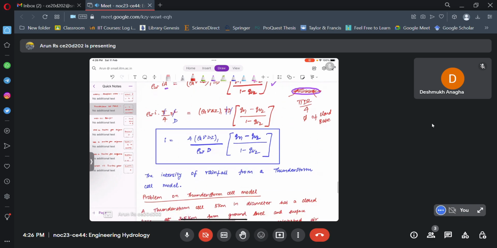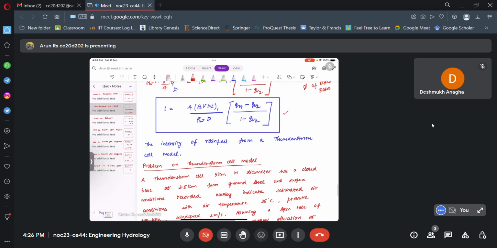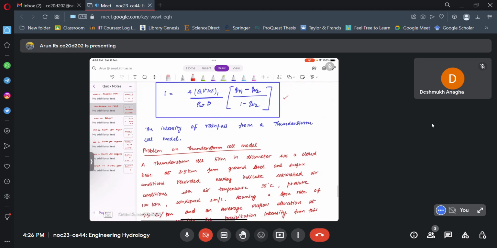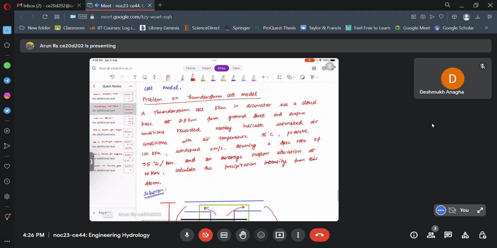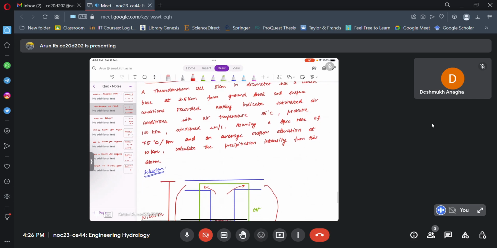And substituting, we are deriving the expression for the intensity of the rainfall that happens because of the convective precipitation. So now we can solve the problem for this thunderstorm model.